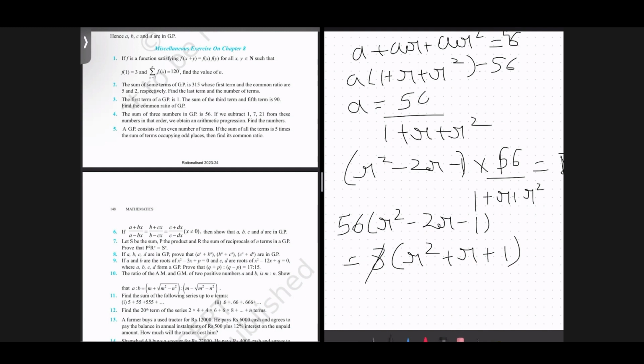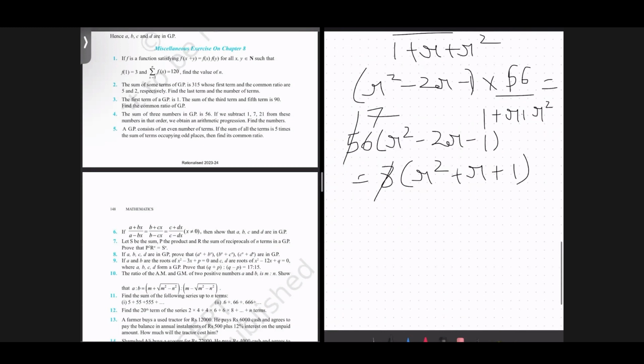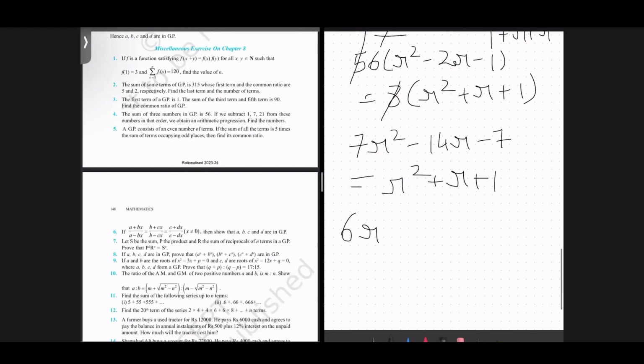This can be solved. You can cancel this and this out. This goes 7 times. What you're finally left with is 7r square minus 14r minus 7 equals r square plus r plus 1. So you solve this, you get 6r square minus 15r minus 8 equals 0.